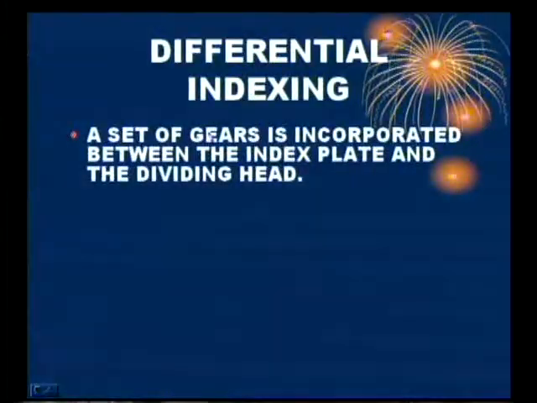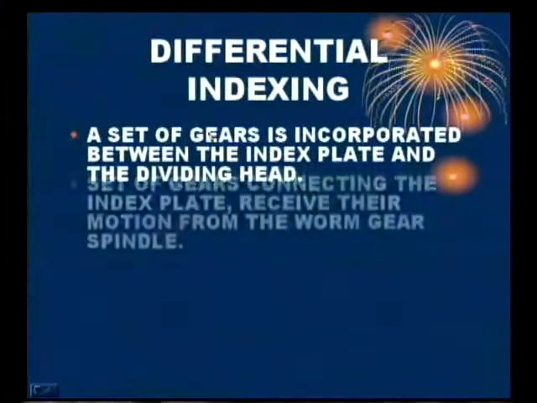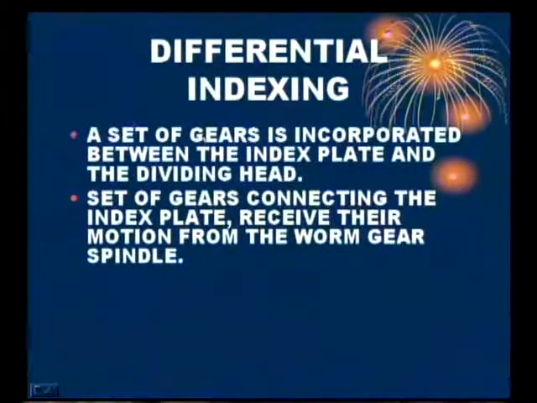When you rotate the crank, it rotates the worm shaft, the wheel and the spindle, and the job is rotated. When the job is rotated, this set of gears transmits the movement back to the index plate, which in turn is rotated either in the same direction or in the opposite direction.